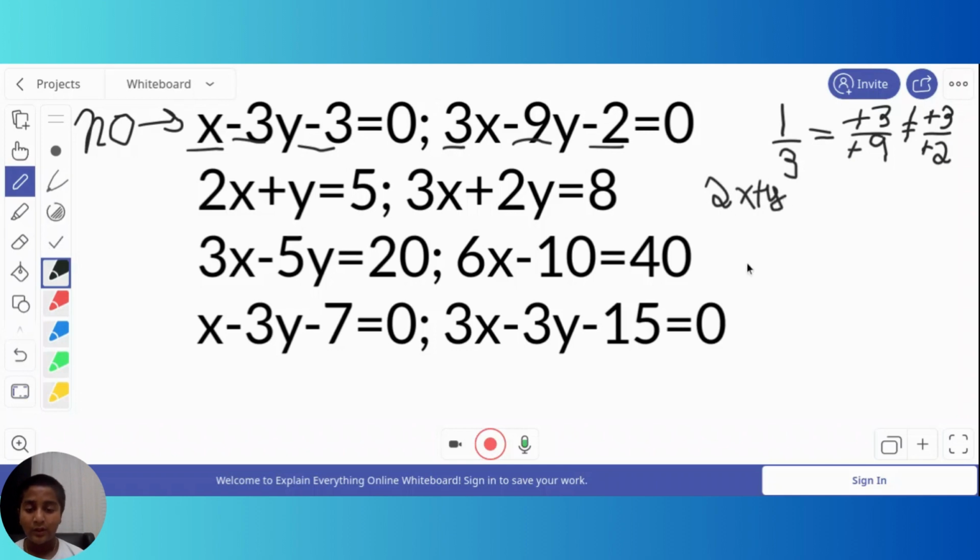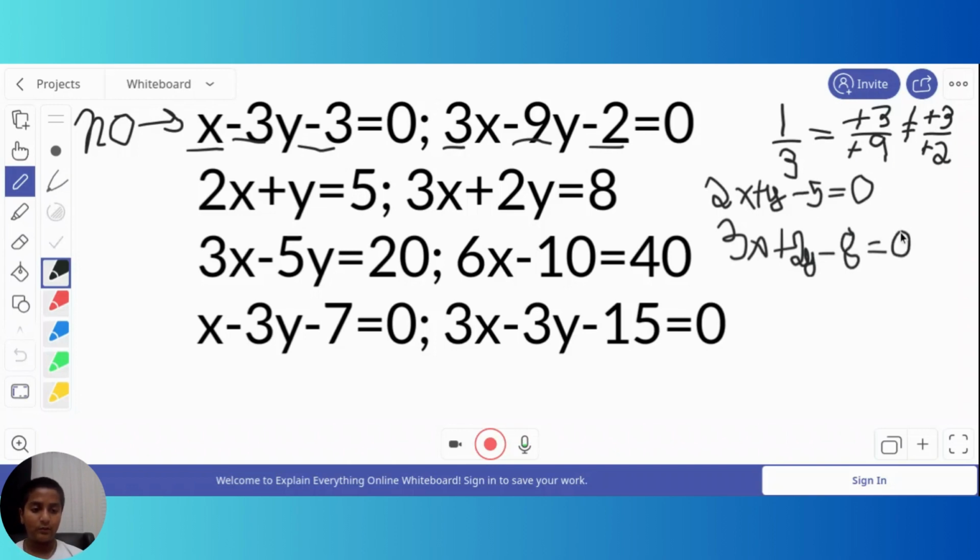And remember, since the end of the equation always has to be zero, we move it to the other side, which is -5, which equals 0. Then we do the same thing: 3x plus 2y minus 8 equals 0.